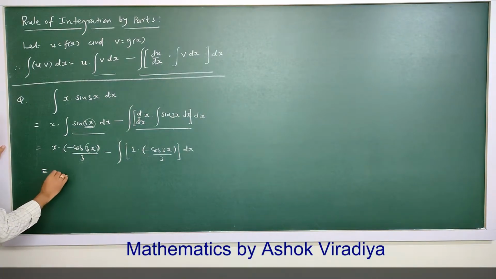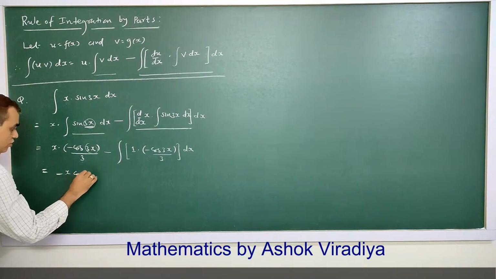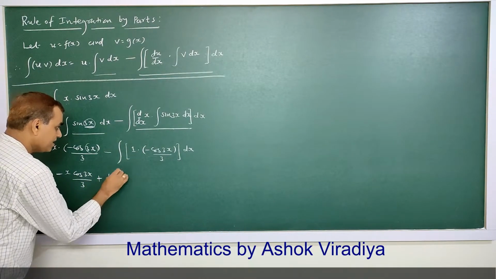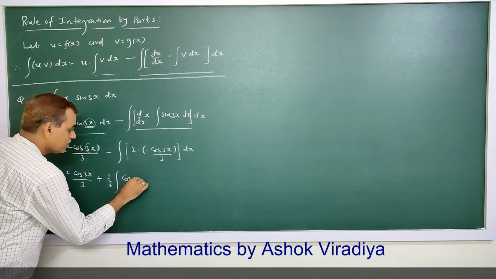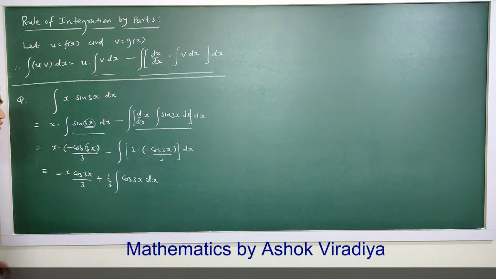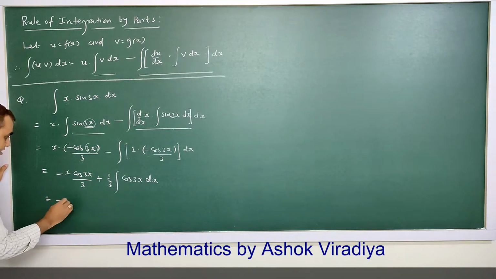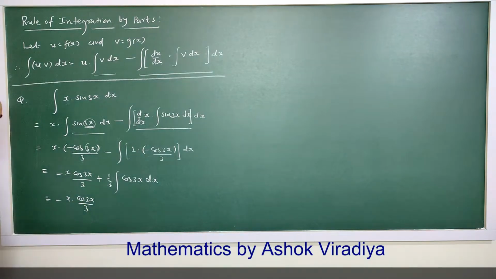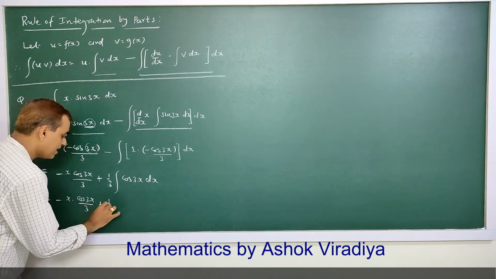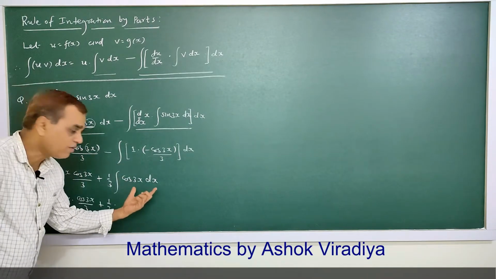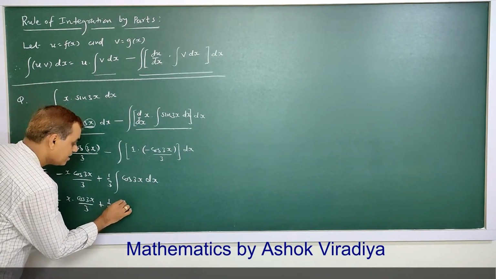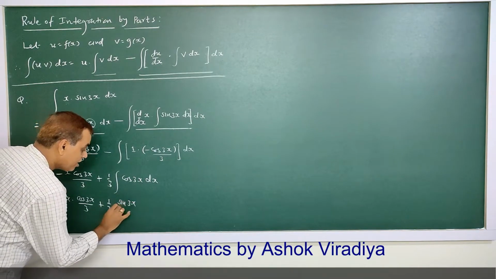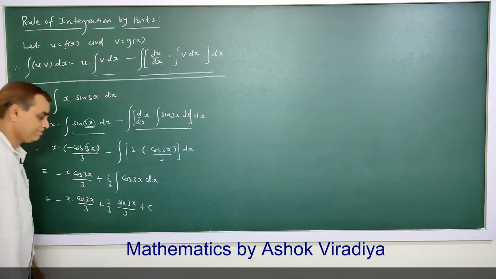So it is equal to minus x cos 3x by 3 minus minus plus 1 by 3 cos 3x dx. So it is equal to minus x into cos 3x by 3 plus 1 by 3 into, now the integral of cos 3x is sin 3x upon 3 plus c.